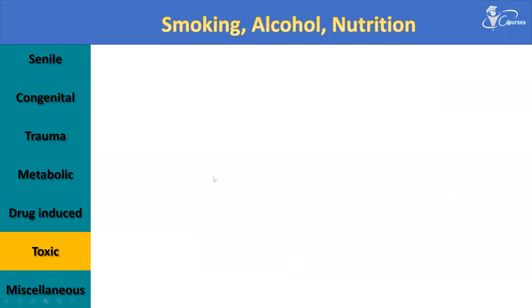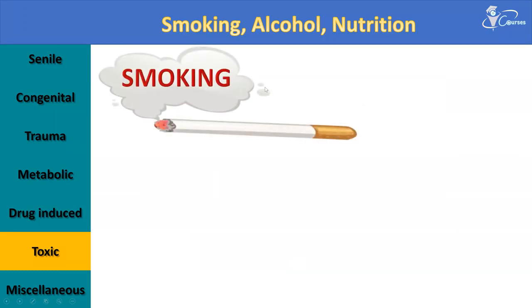Regarding toxic substances, smoking was found to be the most evidence-based toxic substance that will cause cataract. Smoking has important associations in ophthalmology: it increases the incidence of age-related macular degeneration, Graves ophthalmopathy, Leber hereditary optic neuropathy, and also cataract.